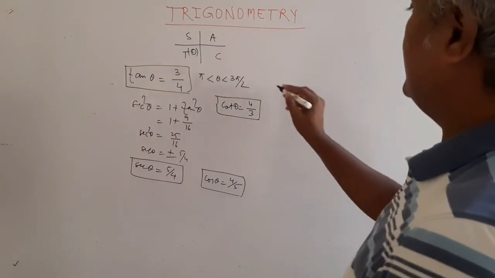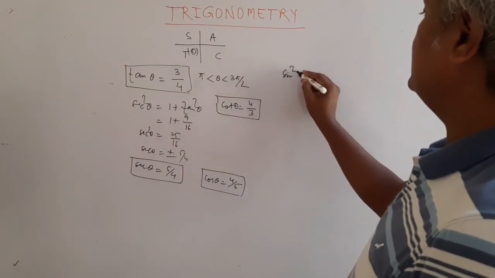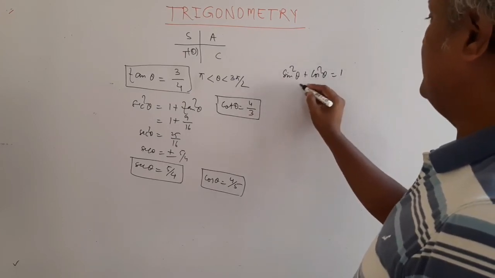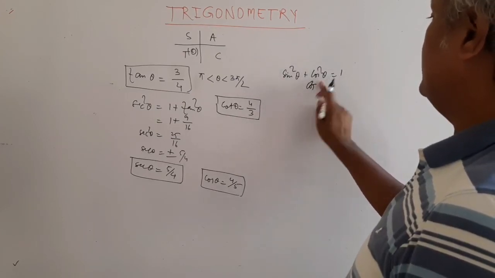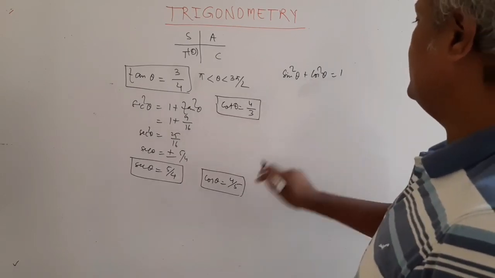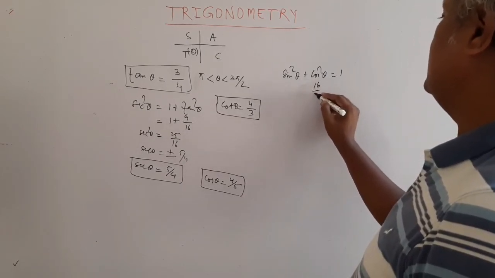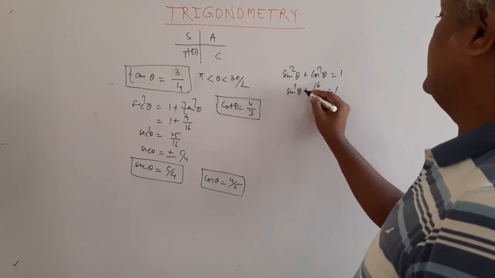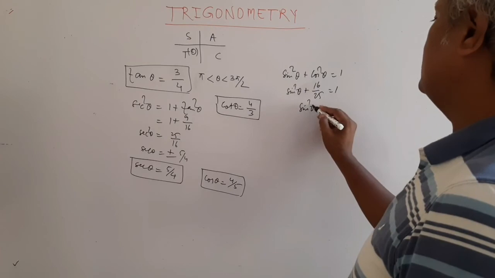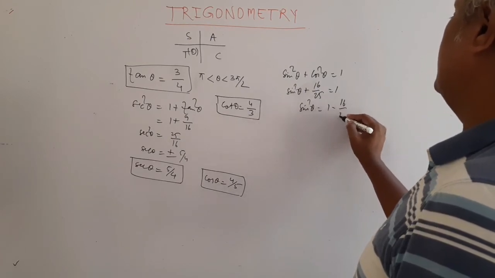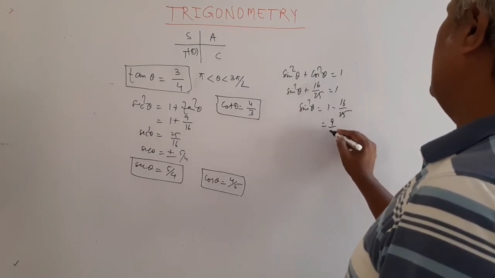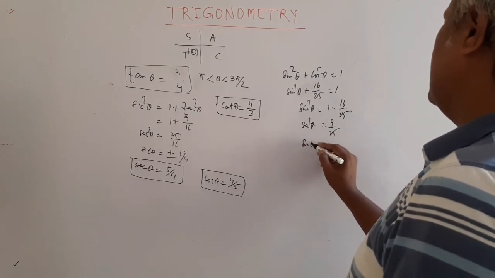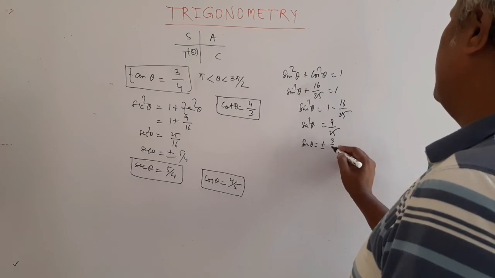Again, the relation between them is sine square theta plus cos square theta is 1. This cos square theta is 16 over 25, so sine square theta is 1 minus 16 over 25, that is 9 over 25. So sine theta is plus minus 3 by 5.